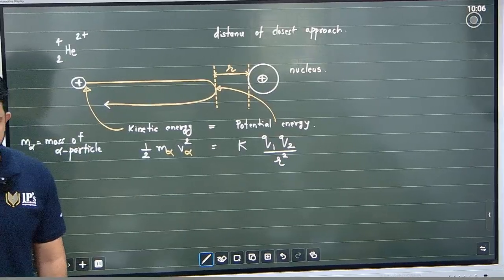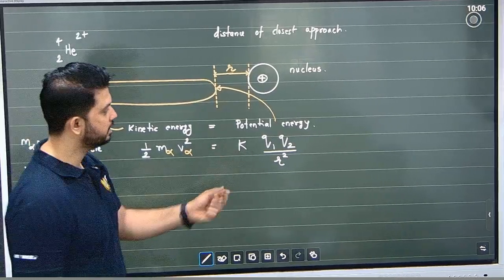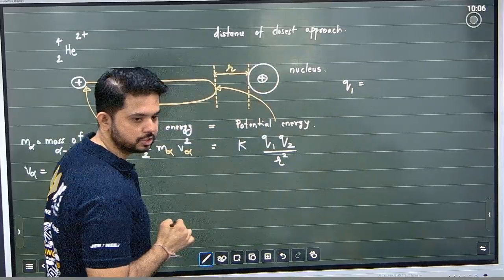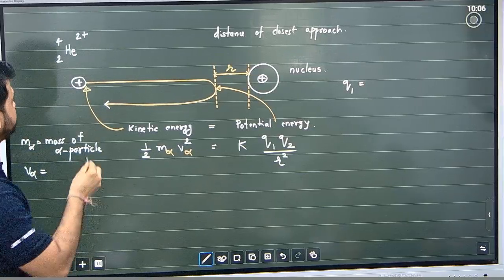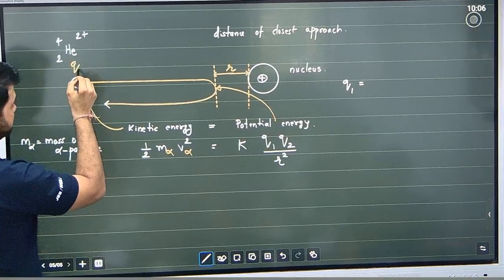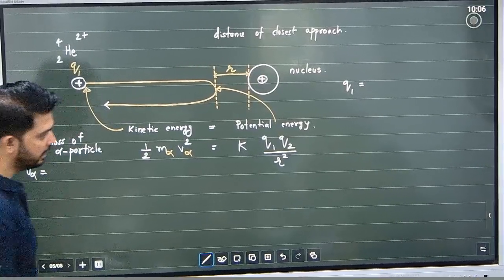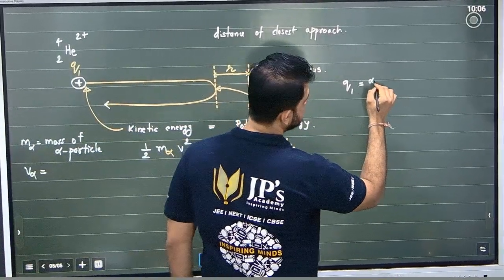समझा? What is Q1? Charge on the first particle. Which is the first particle? Alpha particle.